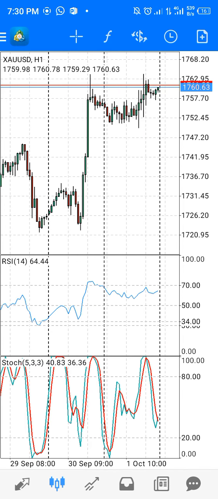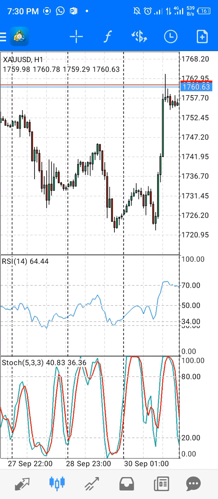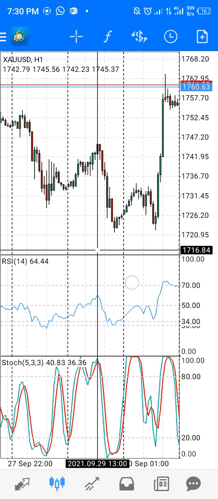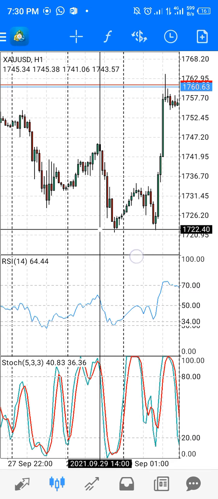So for instance, let's check the areas where the RSI was at the 50 level and stochastic at the oversold level. Let's check at this point. You can see that this is the 50 level.